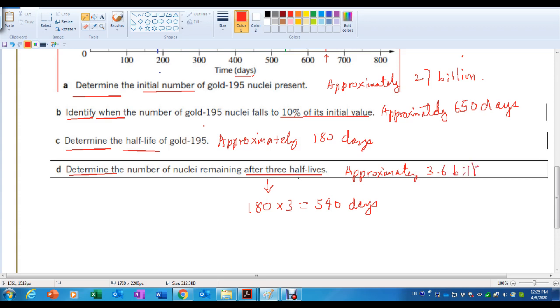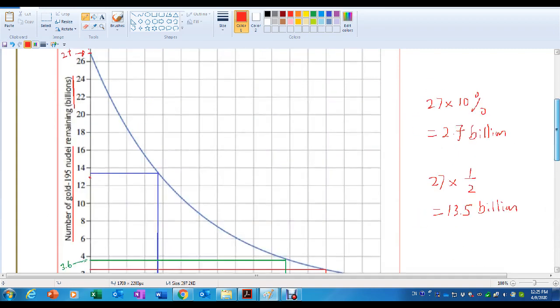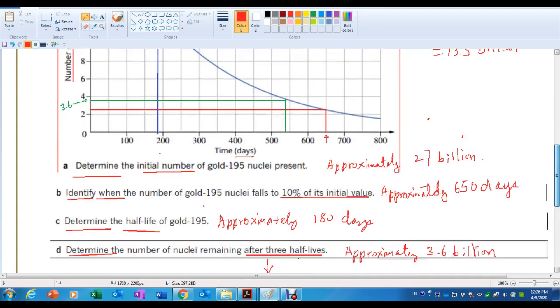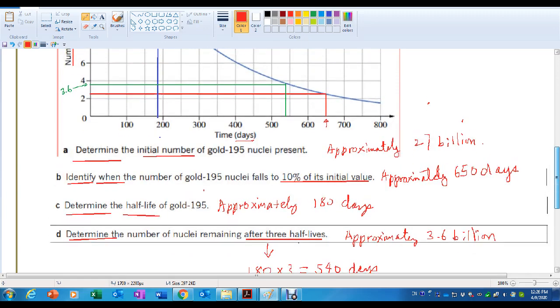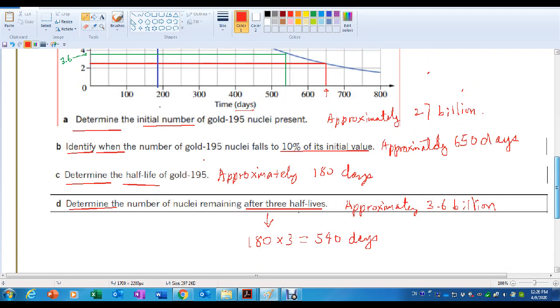Later on we have a more accurate method to track it. That's how we can use the decay curve to find the number of undecayed nuclide, or the time for a certain amount of undecayed nuclide to remain in the sample.